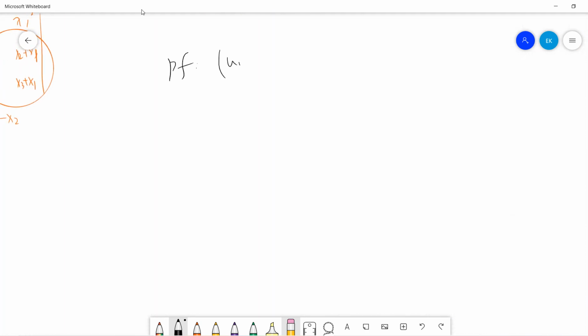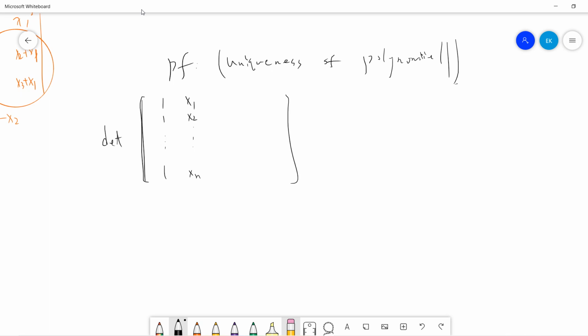The proof is basically from the uniqueness of the polynomial factorization. We need to use a property of determinants: if I replace xj by xi, for j not equal to i, then I will always get 0.